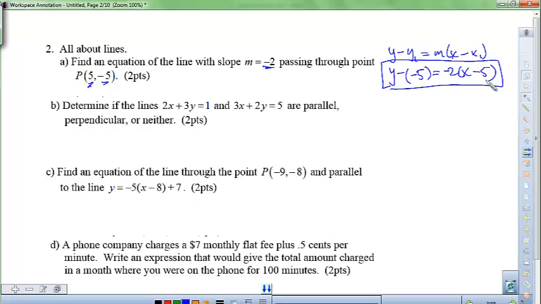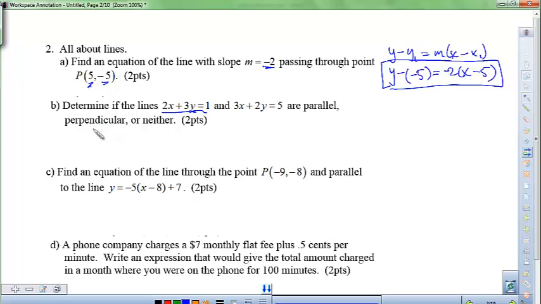Determine if the lines 2x plus 3y equals 1 and 3x plus 2y equals 5 are parallel or perpendicular. To figure out whether something is parallel or perpendicular, it all depends on the slope. And to find the slope, you need to get y by itself, to write it in the y equals mx plus b form. So let's work with this equation right here.